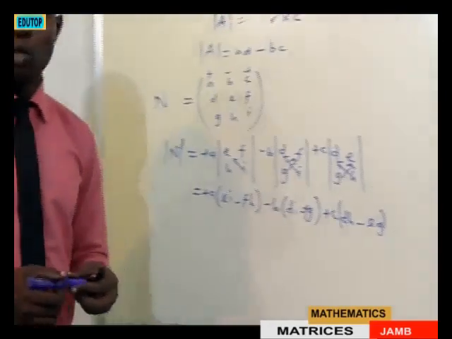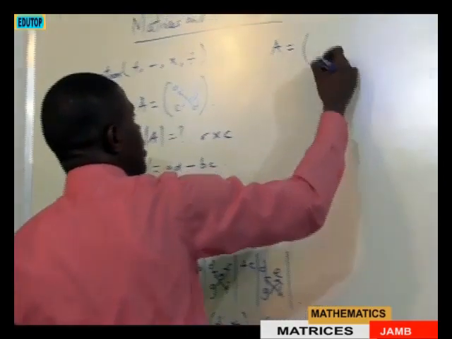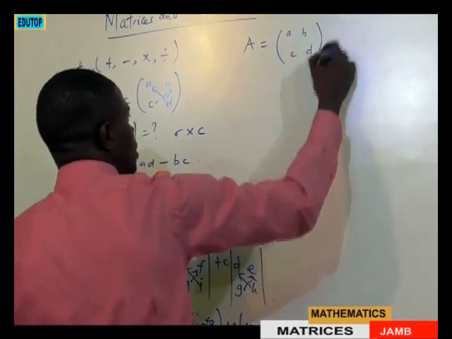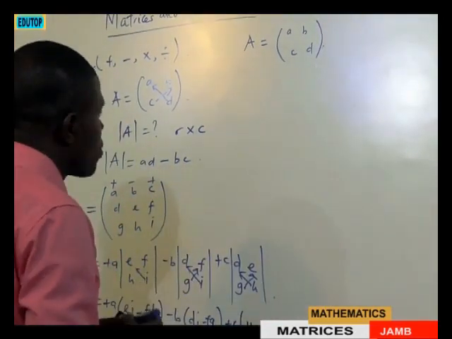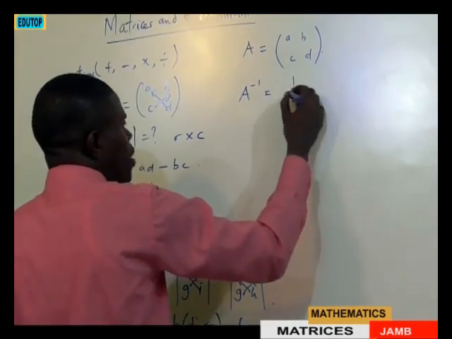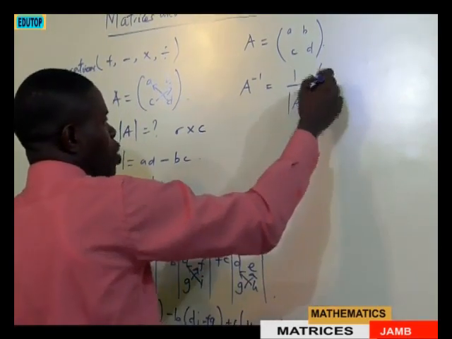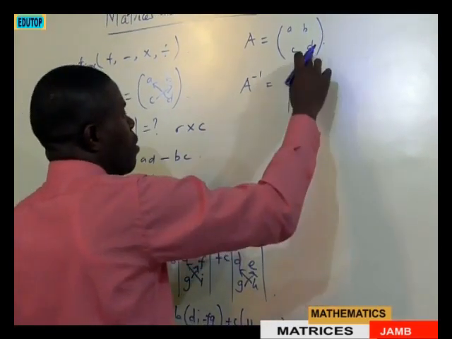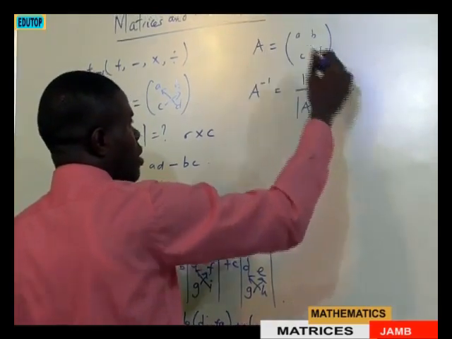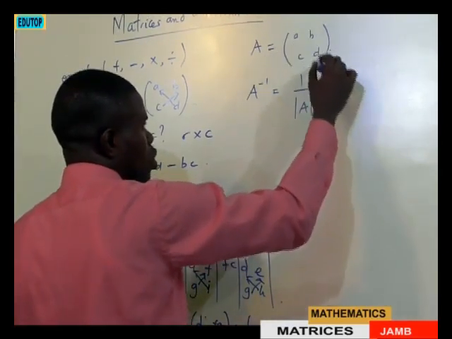Then compute inverses of 2 by 2. So let's say matrix A is A, B, C, D. If you have to compute the inverse of this matrix, the inverse of A will definitely be 1 over the determinant of A, multiplied by this matrix where we change the leading diagonal and put a negative on the other diagonal.